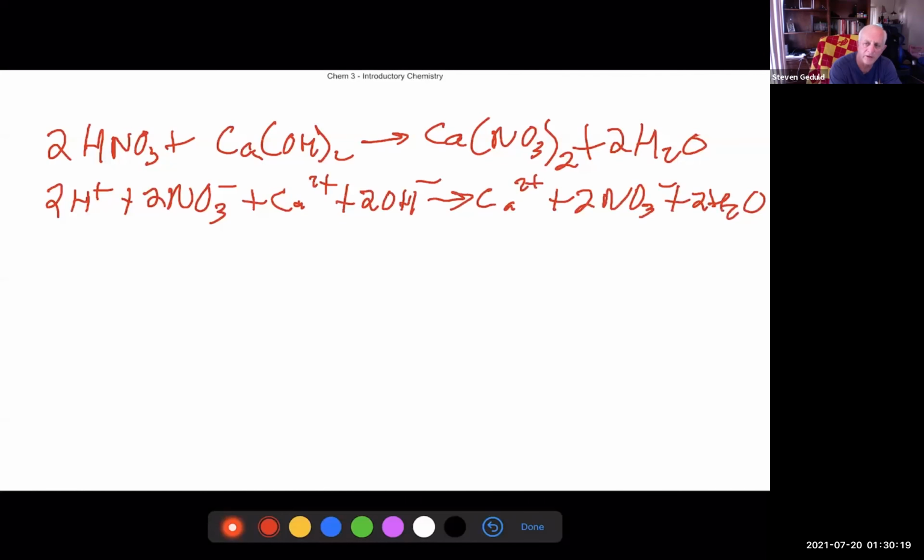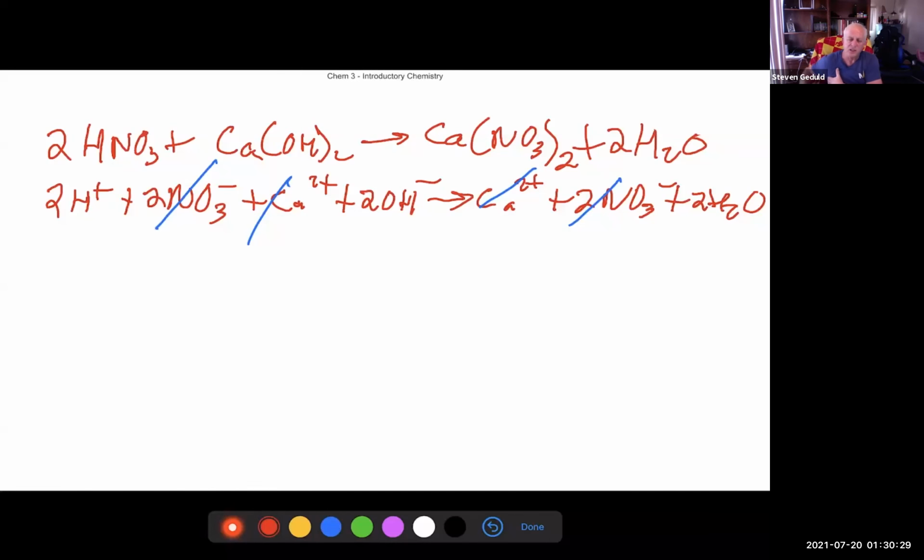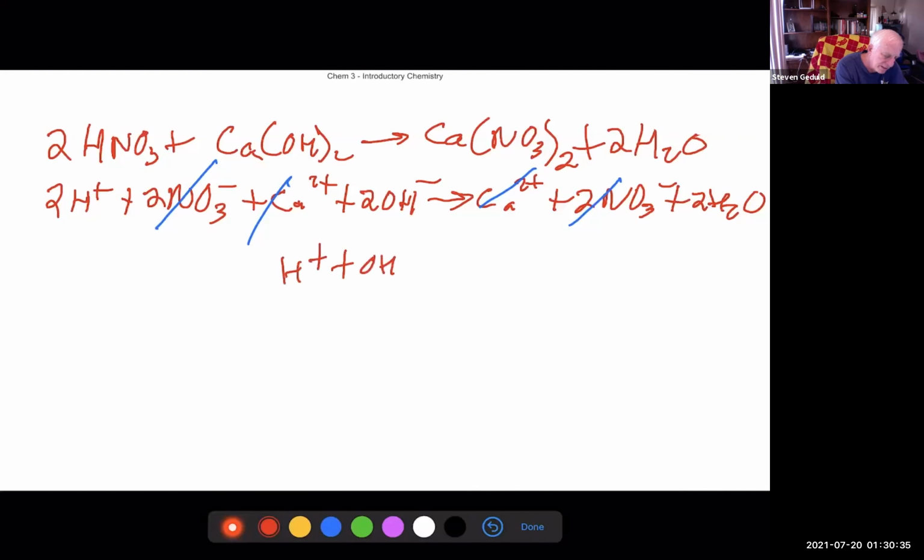That's your total ionic equation. Then get rid of your spectator ions, which are NO3 and calcium, and you get your net ionic equation. Your net ionic equation is H plus plus OH minus goes to H2O. And that's the net ionic equation for all neutralization reactions. They give you salt and water.